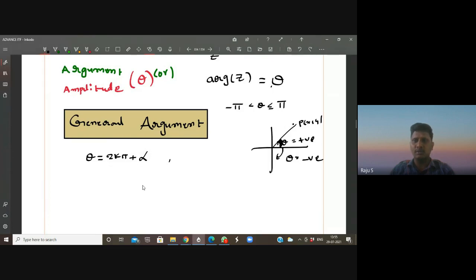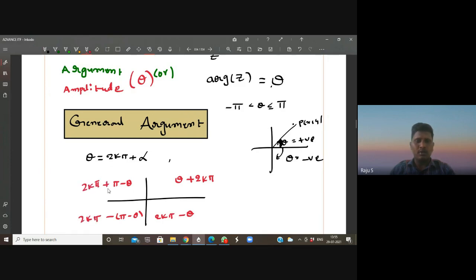Then what are the principal arguments here? Theta. Here minus theta. Here pi minus theta. Here minus of pi minus theta. That's it. Each principal argument becomes the general argument when we add 2k pi. Here 2k pi, here 2k pi, here 2k pi plus.